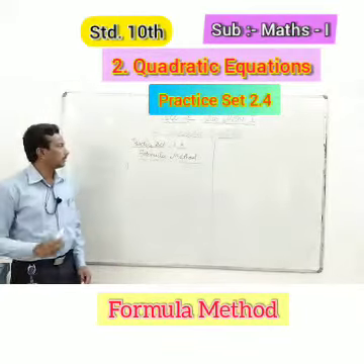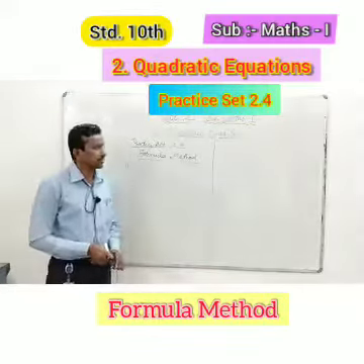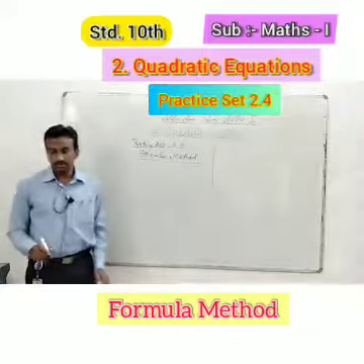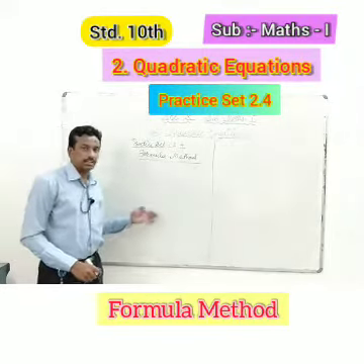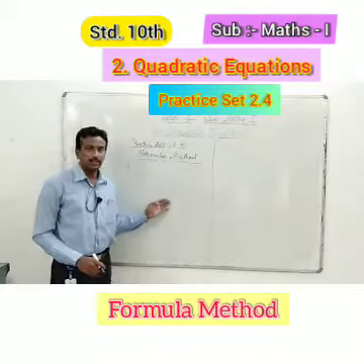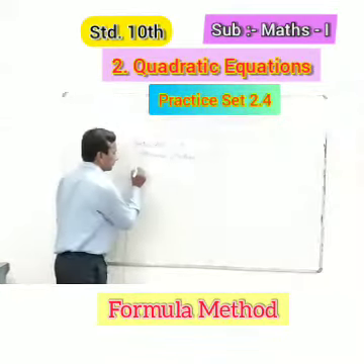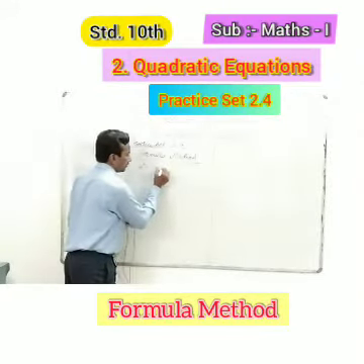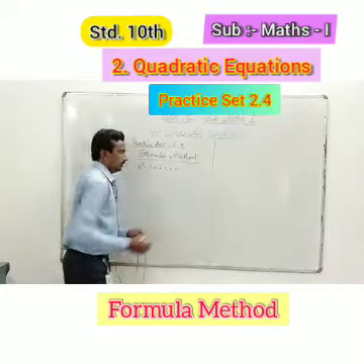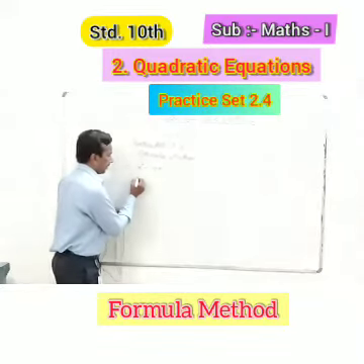In practice set 2.4, question number 1 is x square minus 7x plus 5 equal to 0. Compare the given quadratic equation with the standard form of quadratic equation and find the values of a, b and c. This is the first question, first example.